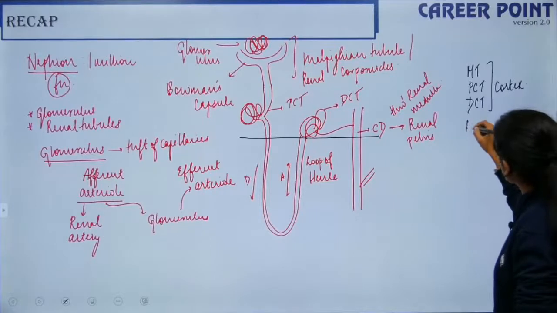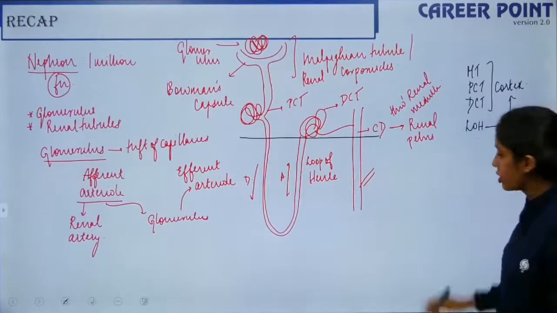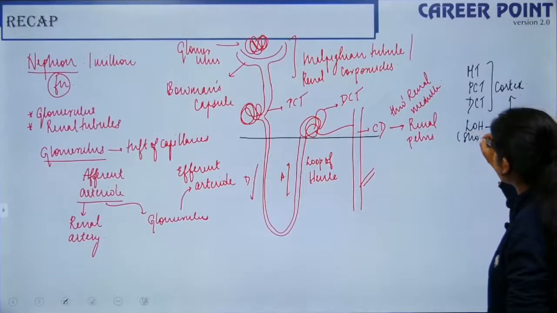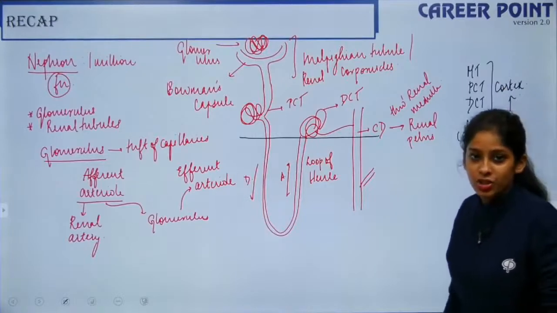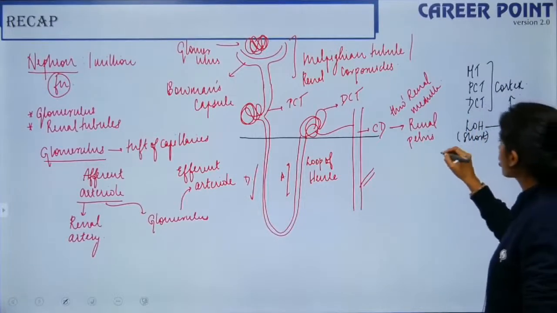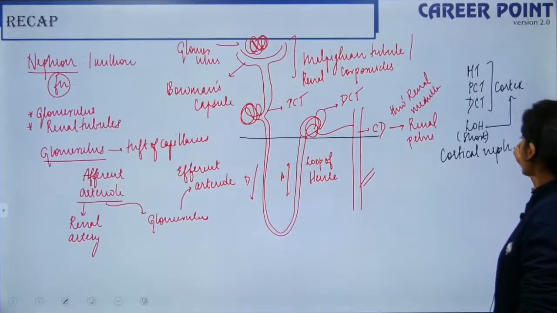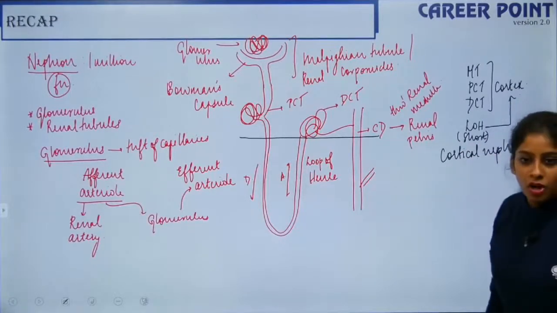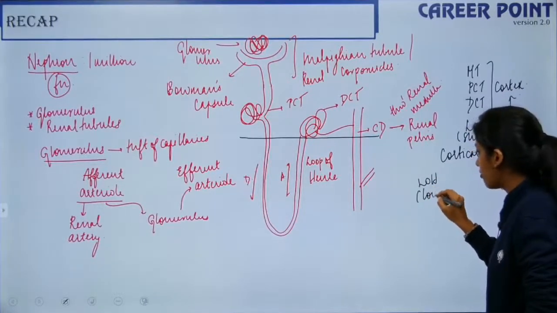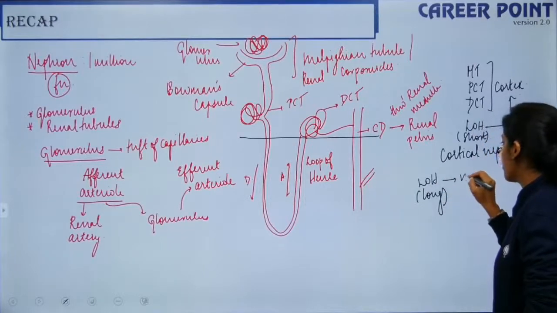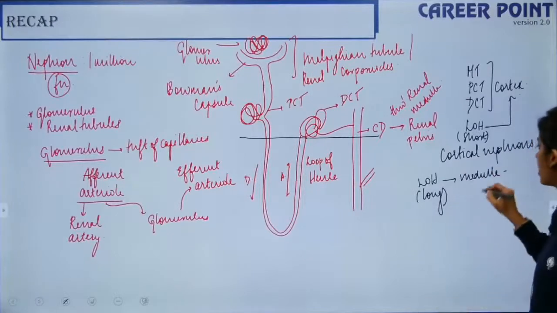Sometimes the loop of Henle also belongs to the cortex region if it is too small. If the loop of Henle is also present in the cortex region, then it is known as a cortical nephron. If the loop of Henle is long enough and extends into the medullary region, it is known as a juxtamedullary nephron.